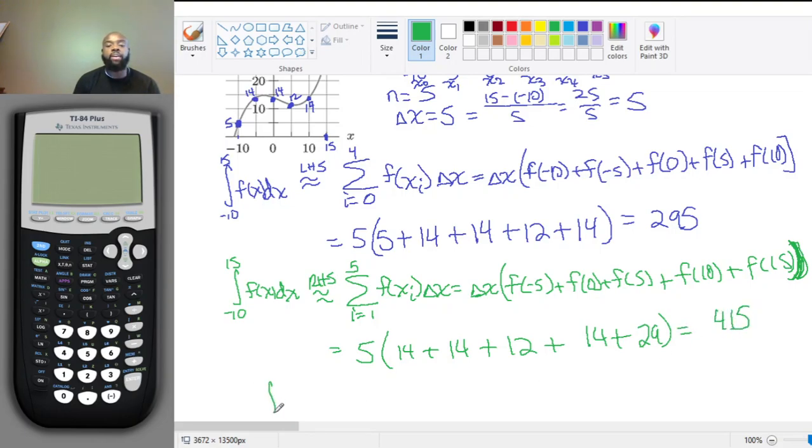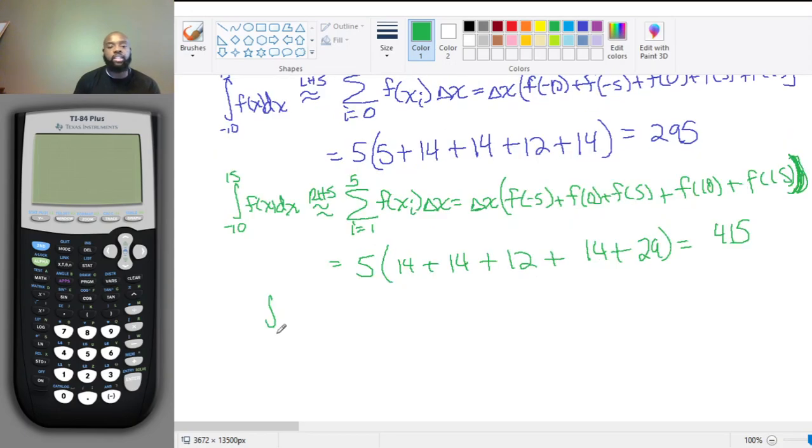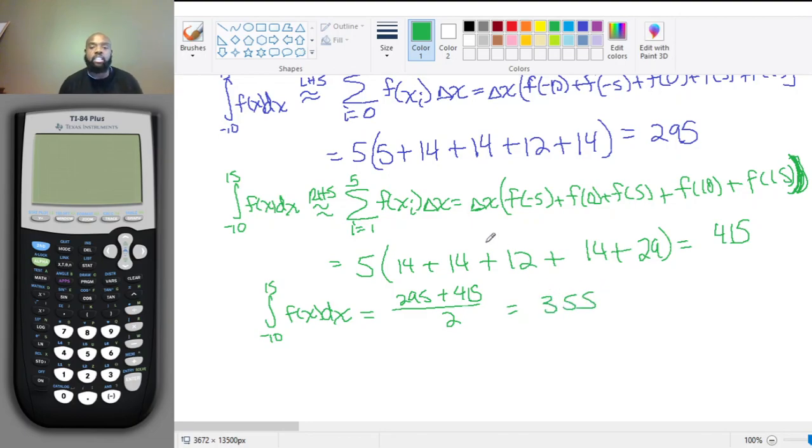And so if I want a better estimate of this integral, I'm going to do 295 plus 415 over 2. And we get approximately 355. And so that's my best estimate.